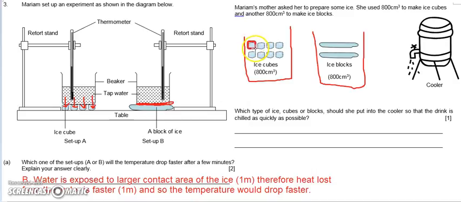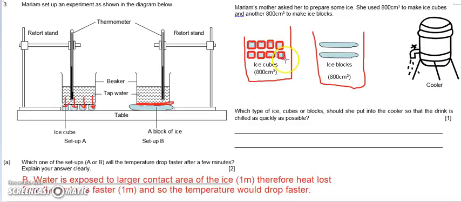For the ice cubes, the heat is able to surround the ice cubes, because there's more surface here, all right?